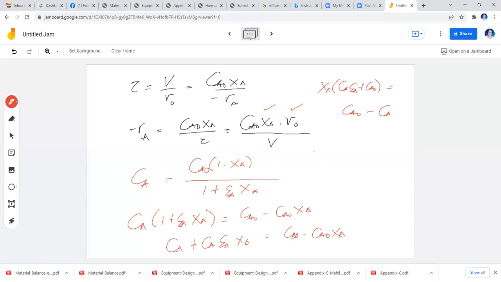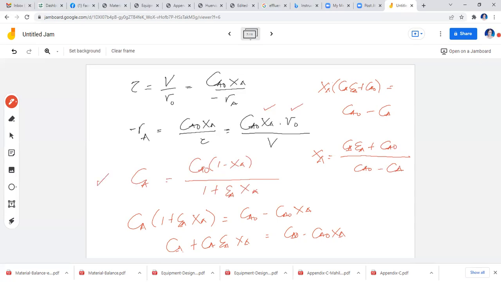So I have now the formula which was shared to you in the slides for XA when we have a variable volume system: CA epsilon A plus CAO all over CAO minus CA, taken from this original formula that we have.